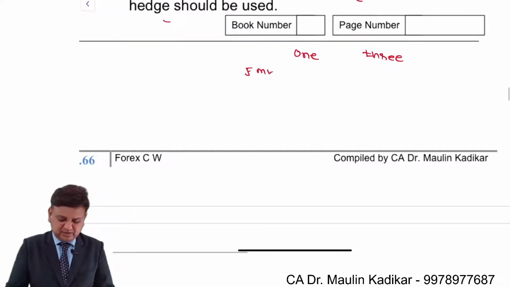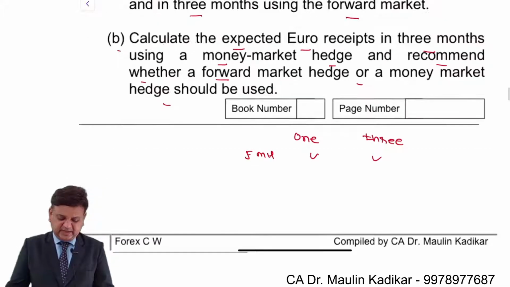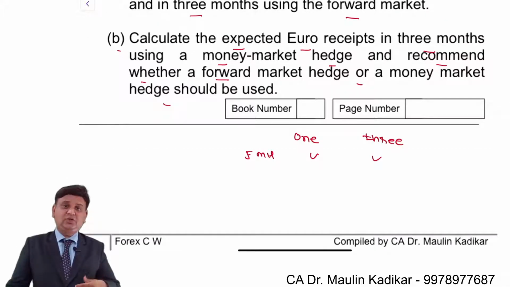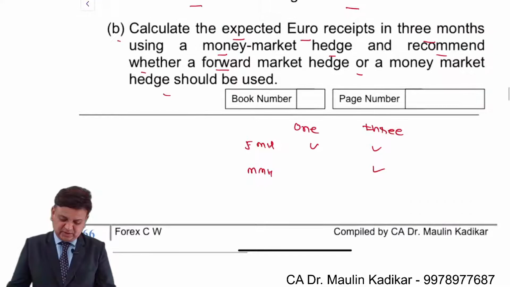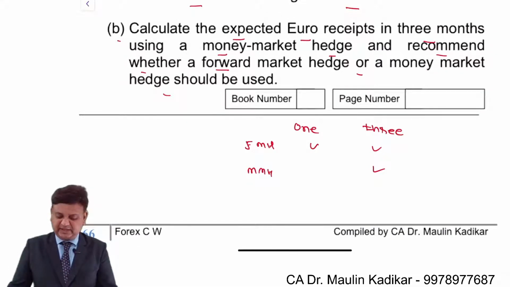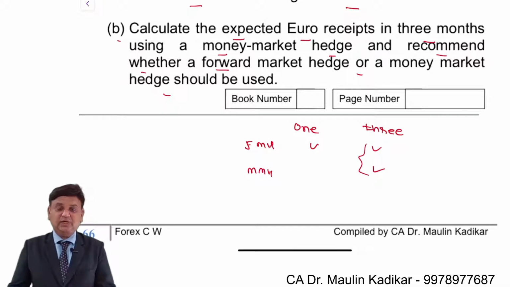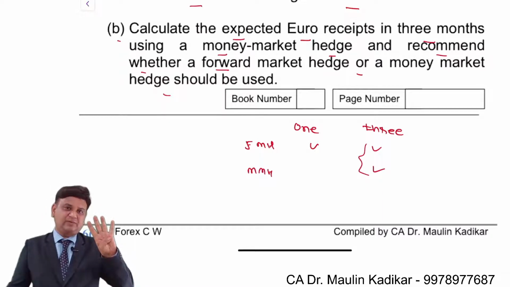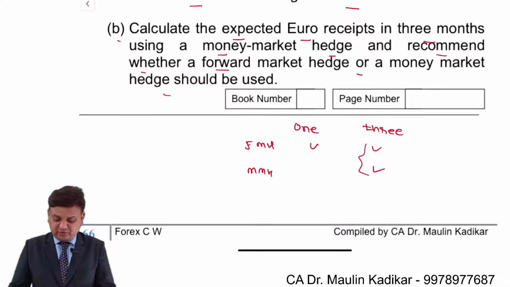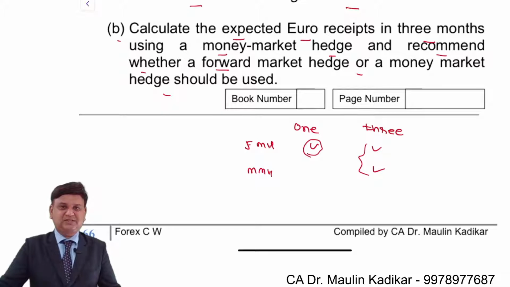Then the money market hedge is to be applied for 3 months, and over here you have to take a decision. So there are 4 things to be done: 3 calculations and 1 decision for 3 months. I request all of you to make this calculation and post your answer in the chat box.